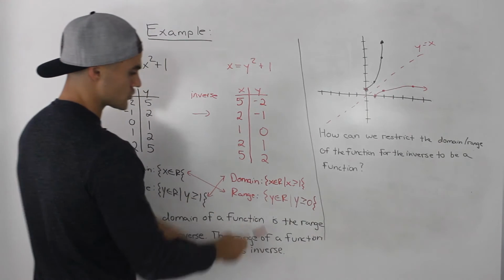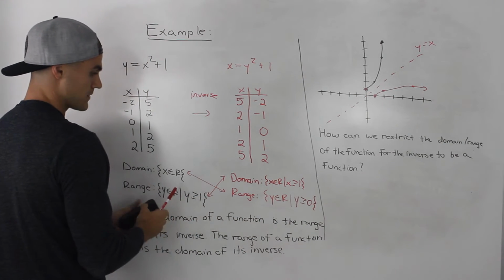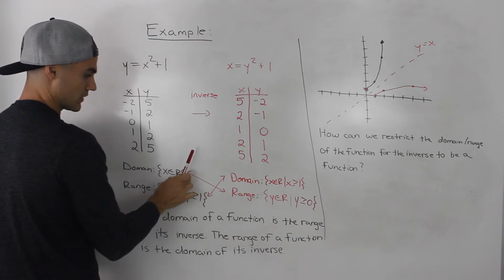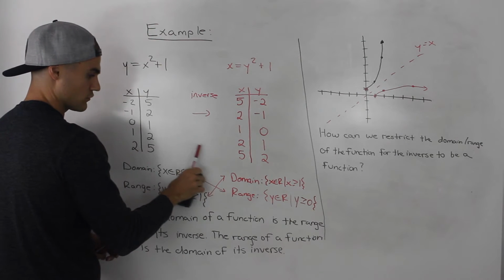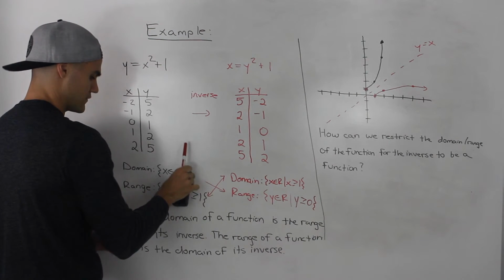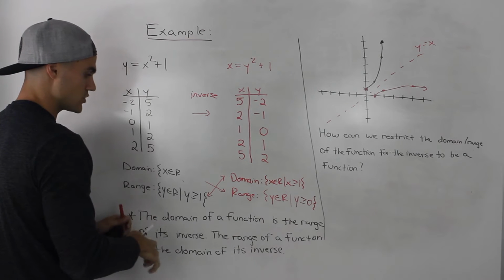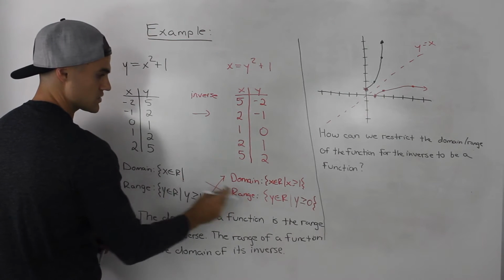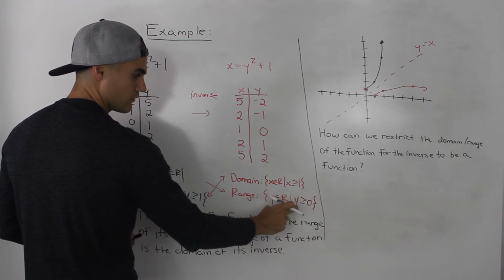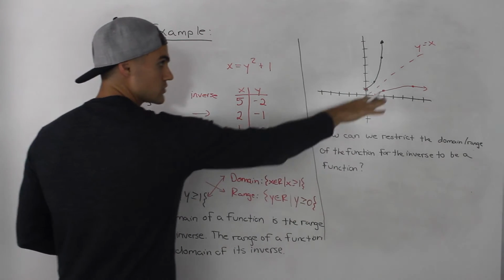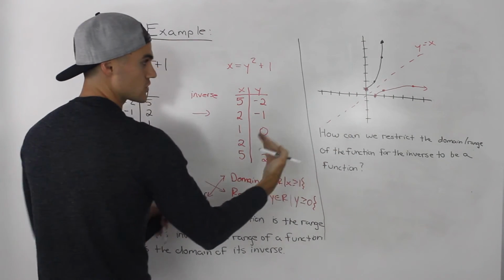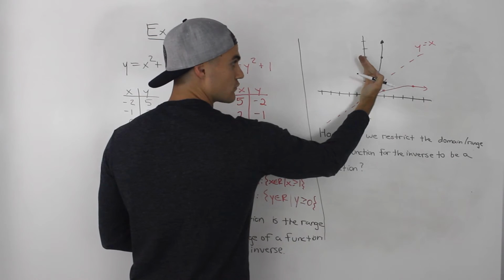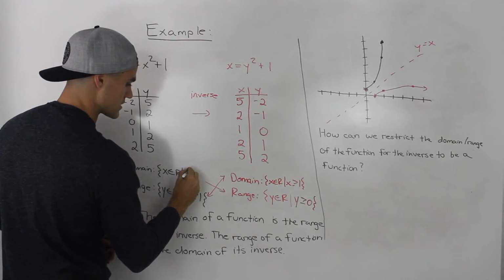Well, since we restricted the range of the inverse, remember the range of the inverse relates to the domain of the original function. That means that we have to restrict the original function as well. So since we restricted the range of the inverse to be y is greater than or equal to 0, we have to restrict the domain of the original function for x to be greater than or equal to 0 as well.